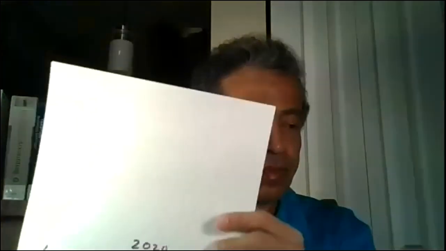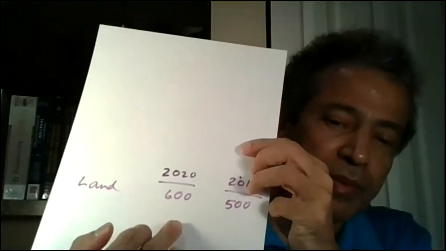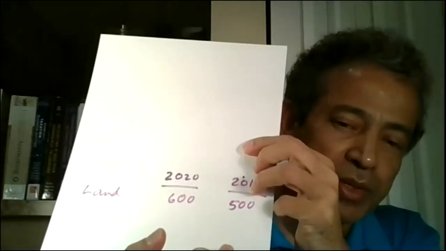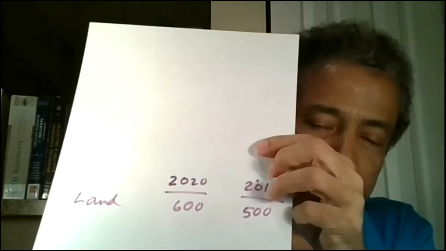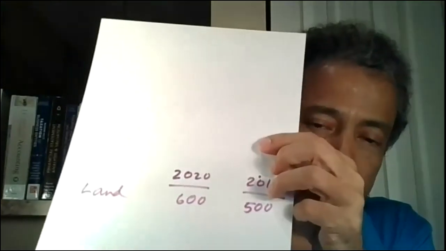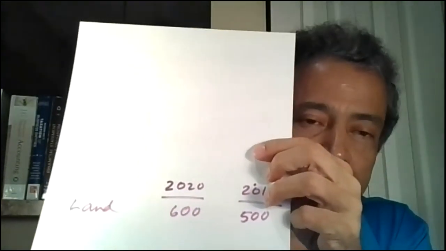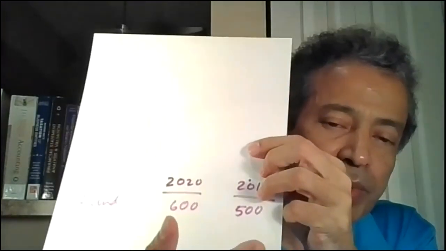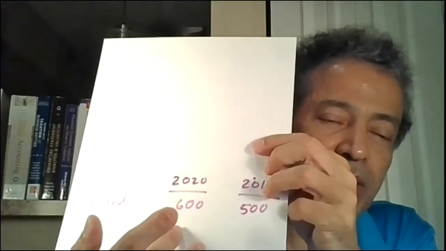It was a real purchase. So even though I didn't tell you that we made a purchase of land for $100,000, from a look at the comparative balance sheets, you would be able to figure it out. Last year's balance was $500. This year's balance is $600. So $100 must have been invested in those lands. But the trouble is with equipment.